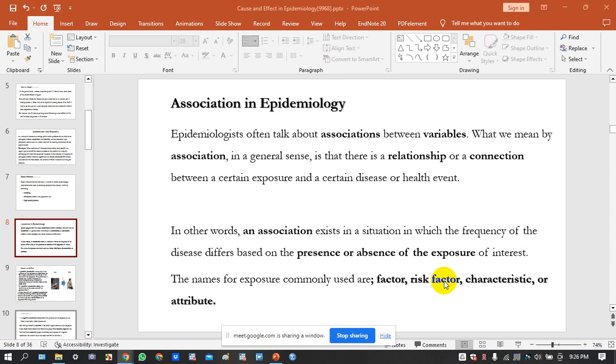You can say that of these two groups, when you measure their cholesterol level, the cholesterol level was higher in the diabetics but lower in the non-diabetics. You have just measured the level of a biomarker, which is serum cholesterol. So you cannot conclude that high cholesterol is causing diabetes.